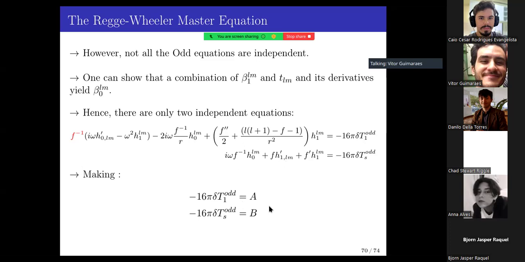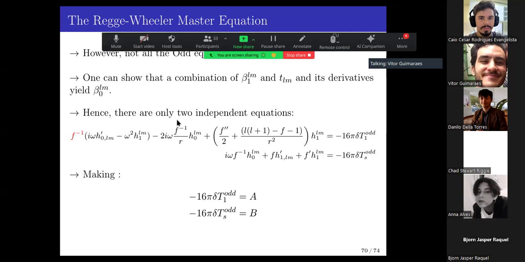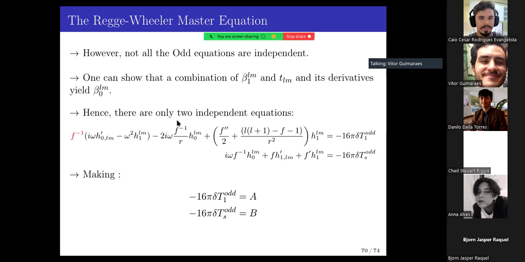Tomorrow we're going to get to the Regge-Wheeler equation, and we will repeat everything we've done here for the odd equations. We're going to repeat them for the axial slash even equations, so that we obtain the other master equation, the even master equation, which we call the Zerilli master equation.